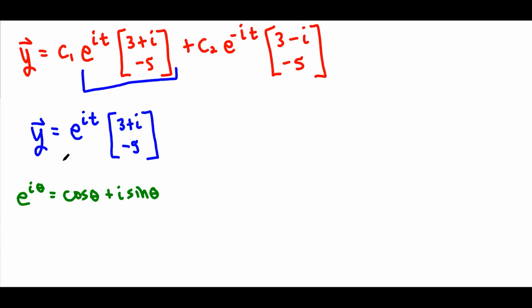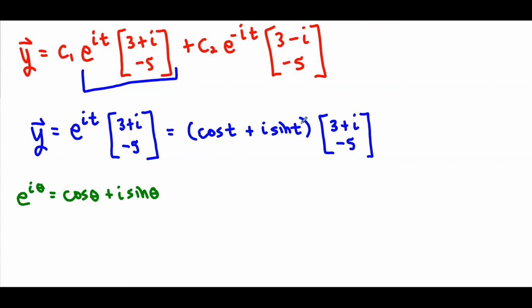So here we're just going to replace theta with t. I'm going to change e to the it into cosine t plus i sine t times the same vector, 3 plus i and negative 5.